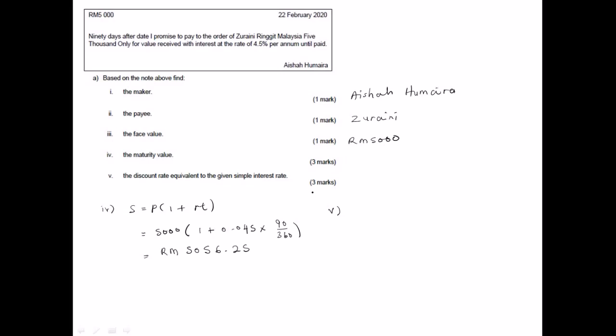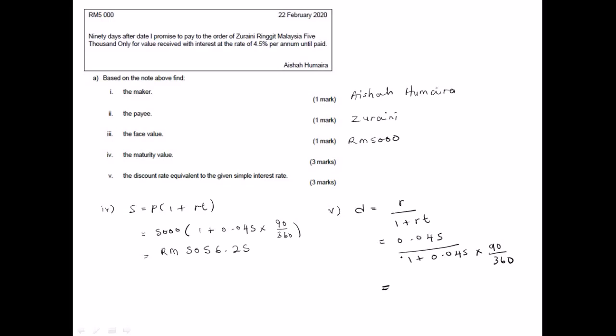Because here we have R, we want to find D, we use D equals R over 1 plus RT, where R is 0.045 over 1 plus 0.045 multiplied by 90 over 360.